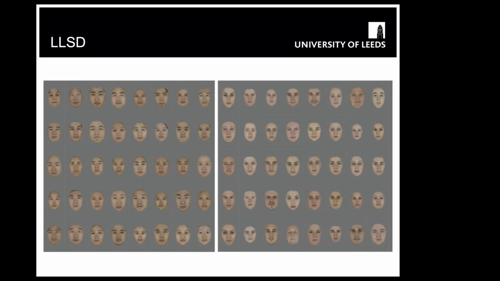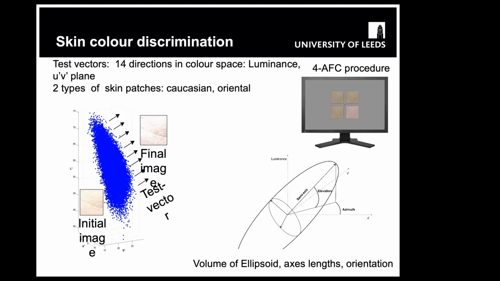And in the recent couple of years, we have also been collecting a large database at the University of Leeds. So we have a much larger facial image database, and we also have their spectral reflectance data. Okay, so that is what we have been working on for skin color measurement. As a very quick summary, we developed a new method to do imaging measurement for the skin color of facial appearance.